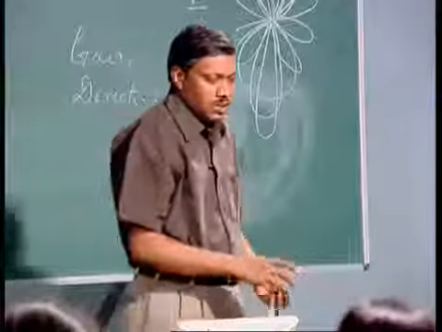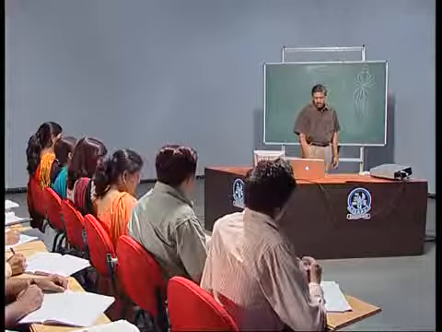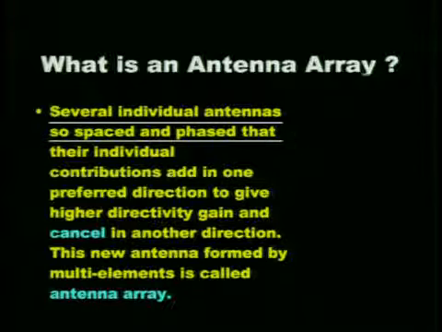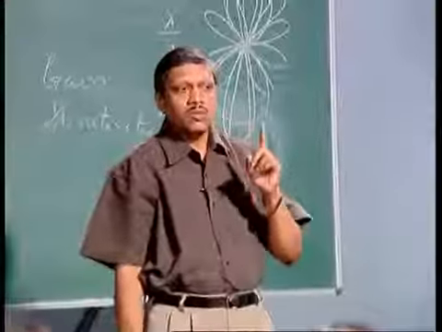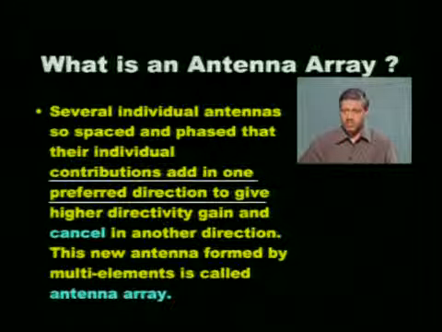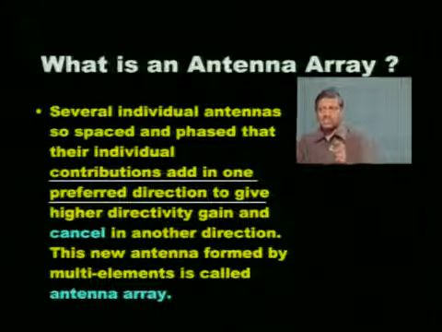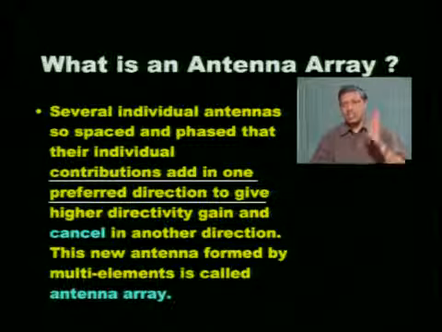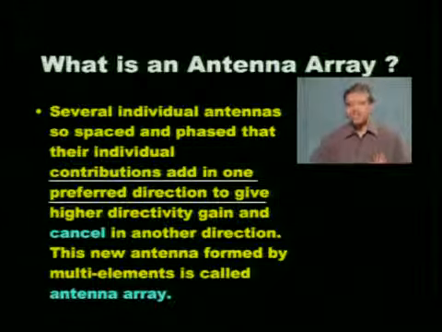If you look into this definition, an antenna array is several individual elements or antennas so spaced and phased that each antenna contributes to the point of observation or point of interest, and all these contributions get added up there. It is just the constructive interference approach.